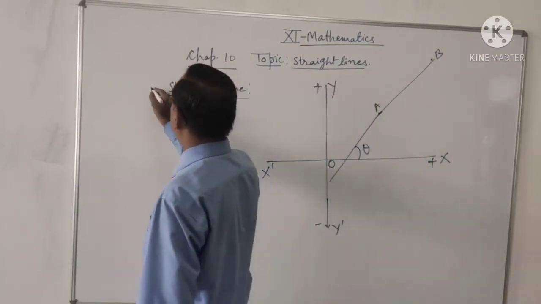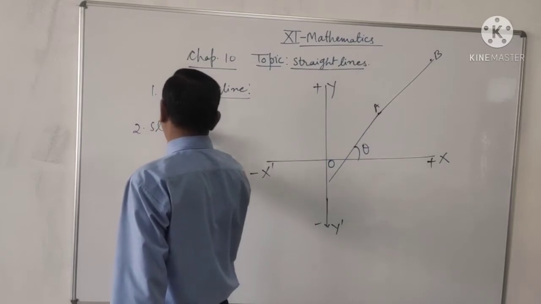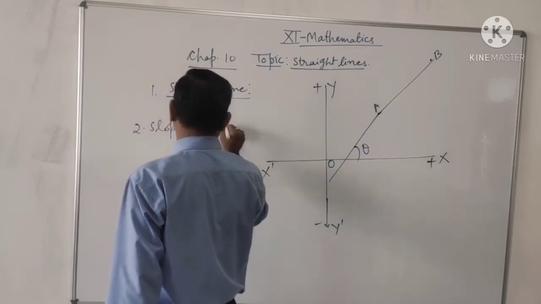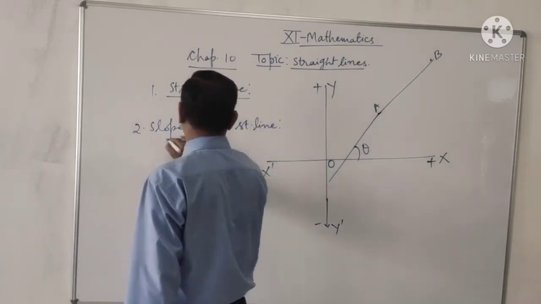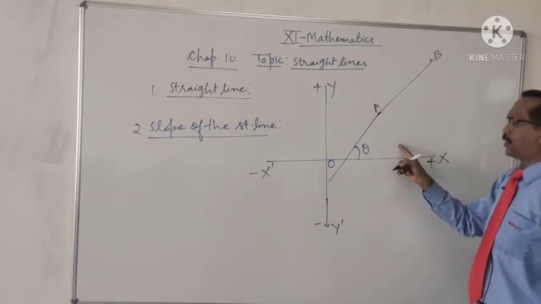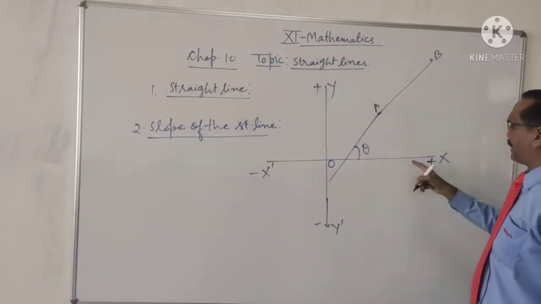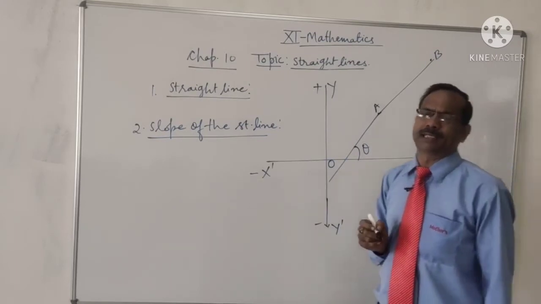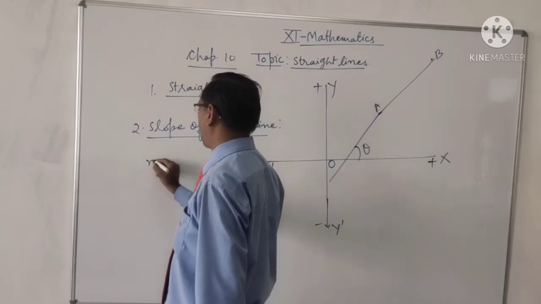Now, the next topic is slope of the straight line. Students, the tangent of the angle that the line makes with the positive direction of x-axis is called the slope, and slope is represented by the letter m.